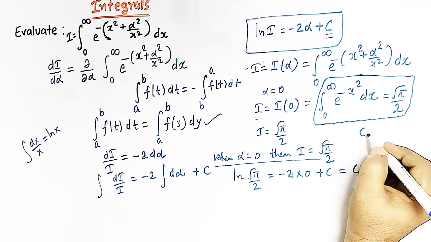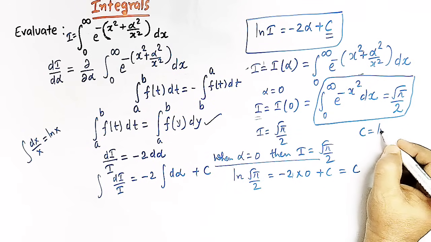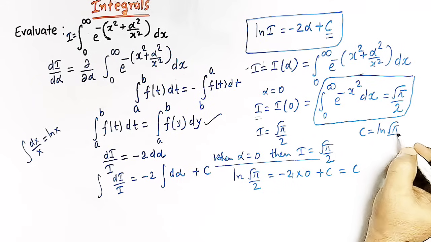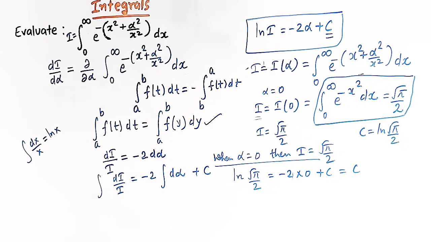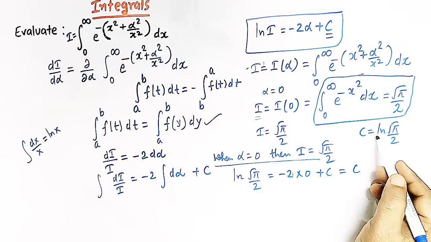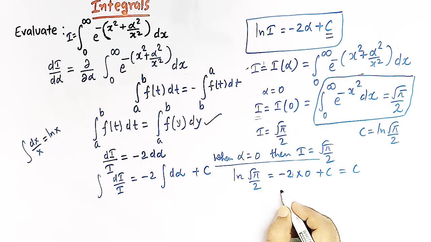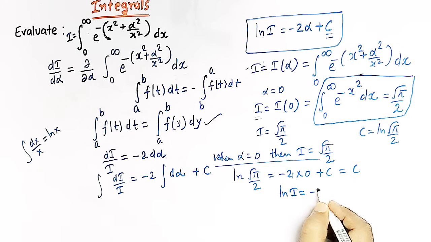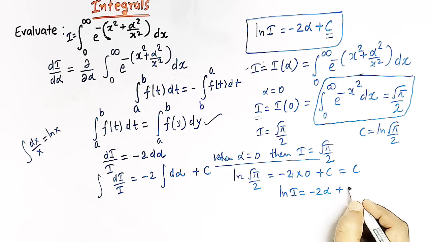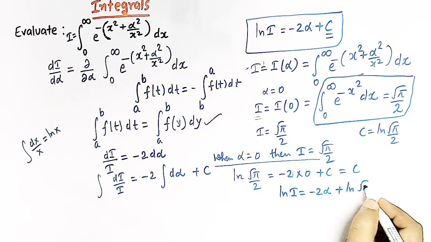So the value of constant of integration c is equal to natural log of root pi over 2, right? So let us substitute this value in this equation. So we have natural log of I is equal to minus 2 alpha plus natural log of root pi over 2.